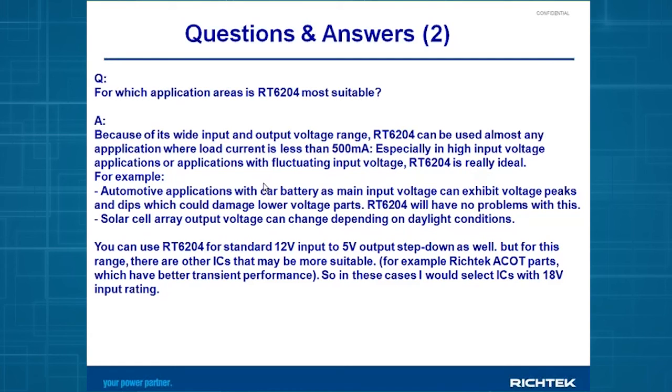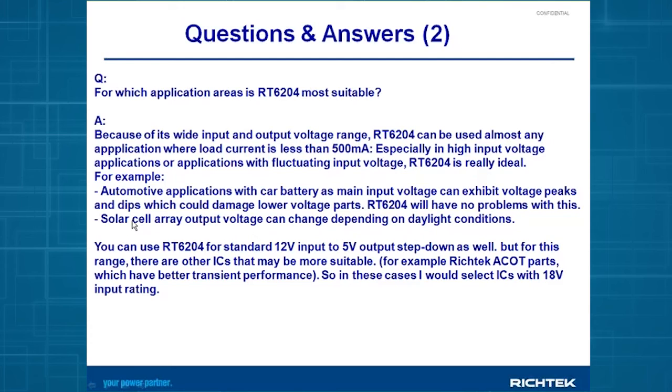For example, automotive applications where the car battery can go from very low voltage when you start the engine, or go into peaks when you have load dump effects, you can use RT6204 without any damage, because this IC can withstand very high voltages up to 80 volts.